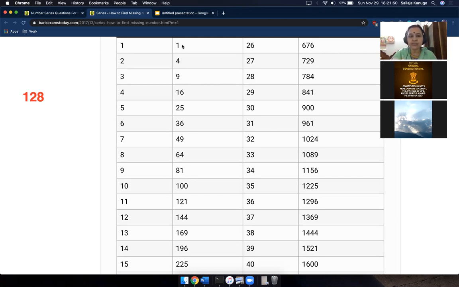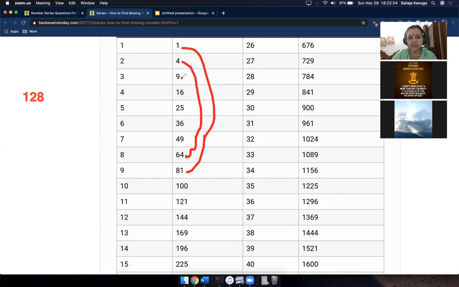You see here there is 1, here there is 1. Here ending with 1, here ending with 1. This is ending with 4, this is also ending with 4. That means the square of a number ending with 2 in its ones place will have 4, and in the same way a number ending with 8 also will have a 4 in its ones place.